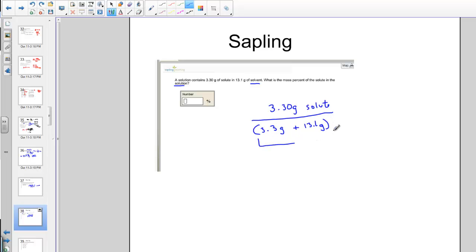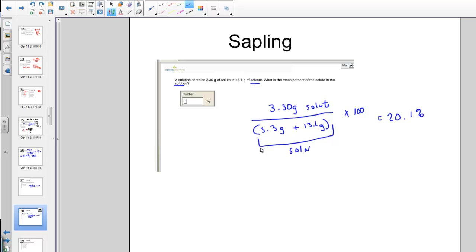The sum here is the mass of the whole solution, solute plus solvent, and again they want it as a percent. So our 3.3 divided by the sum of 3.3 and 13.1, expressed as a percent. If you're hitting with me, I hope your calculator says 20.12%.